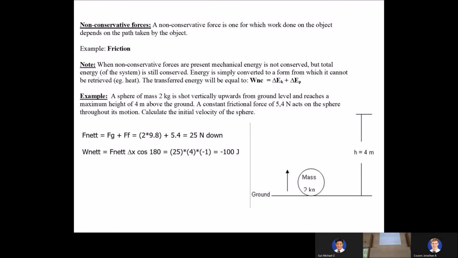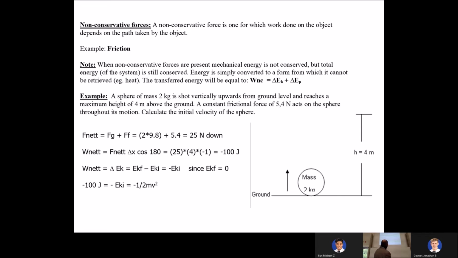Then I said, W net is the net force times delta x cos 180. Why is it cos 180? Because I know the net force is down, but the thing's moving up. So that gives me minus 100 joules. So I now know from the work energy theorem that the net work is equal to delta EK. Delta EK is EKF minus EKI. But the final velocity is 0, so EKF is 0.